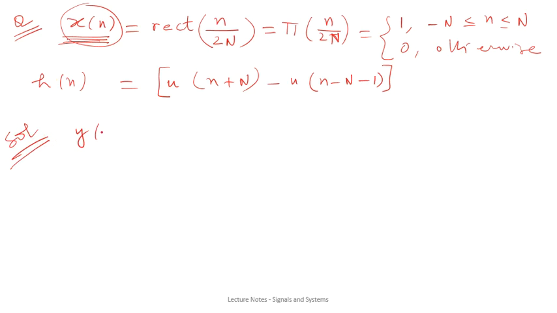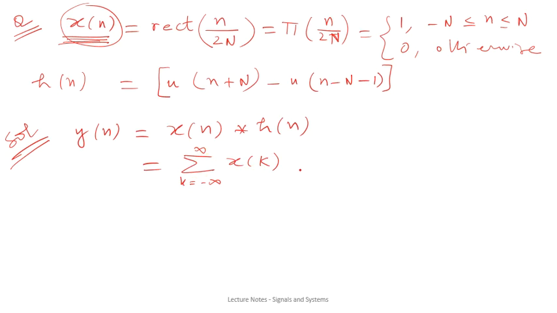So first of all you will write the convolution sum expression, which is x[n] convolved with h[n], or it can be written as the summation over k equals minus infinity to infinity of x[k] h[n minus k].